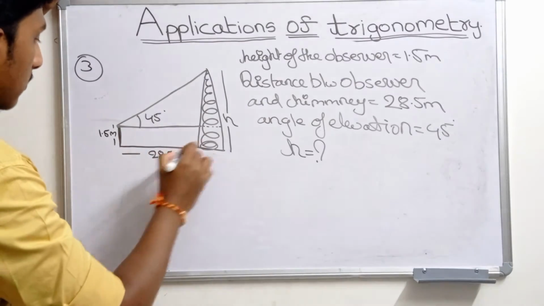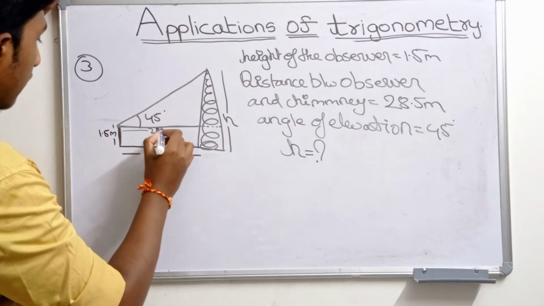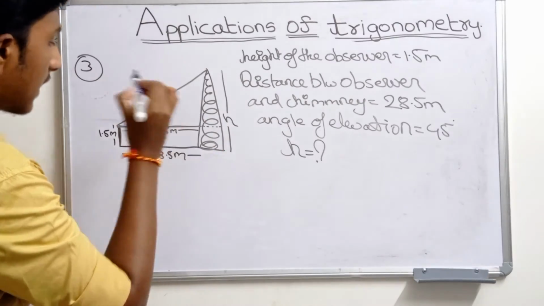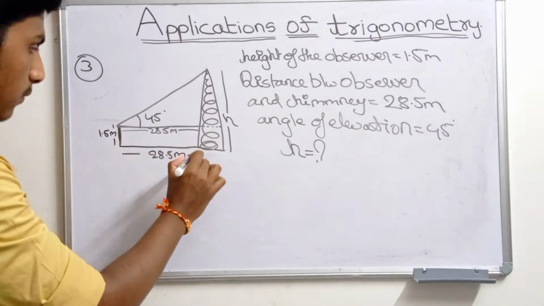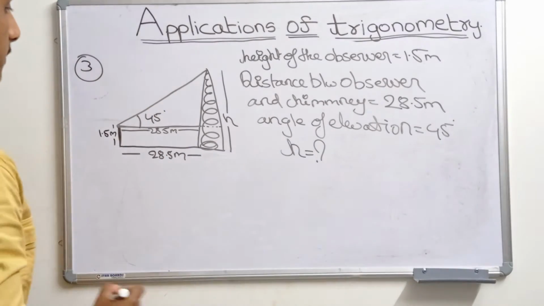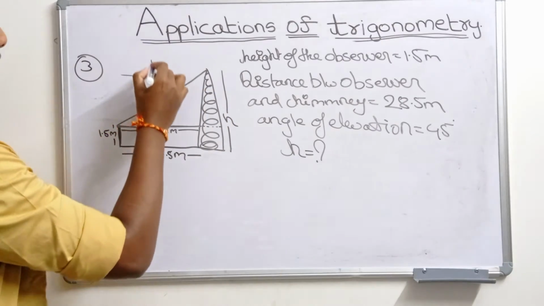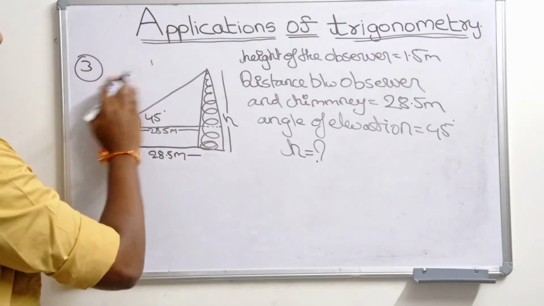If this is 28.5 meters, this will also be 28.5 meters, right? Guys, is it clear? Here the chimney should be drawn straight in this way, but for your understanding I have drawn it in this way.